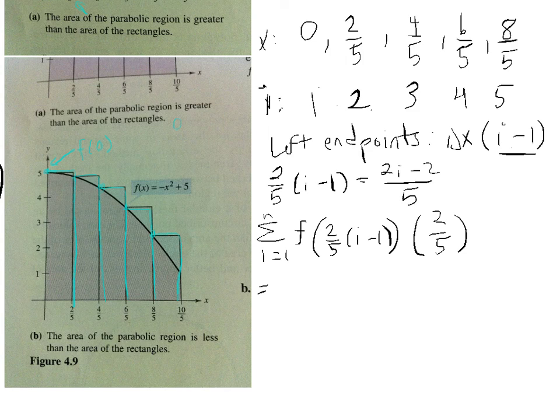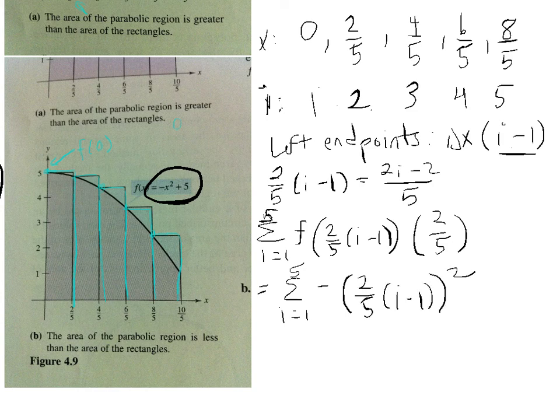So, plugging into our original function, negative x squared plus 5, we get the sum of i equals 1 to 5 of negative (2/5 (i minus 1)) squared plus 5, all times 2/5.